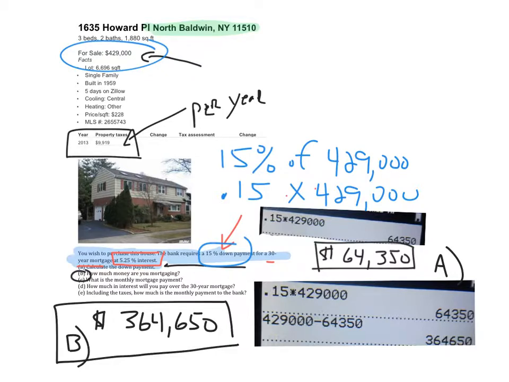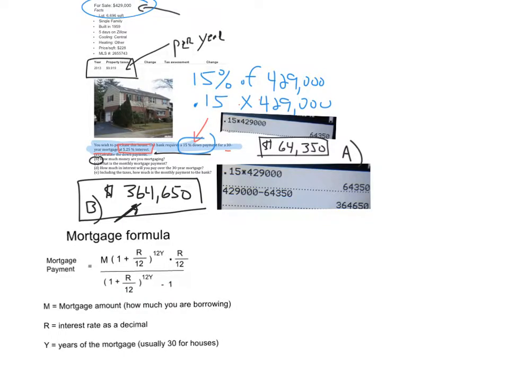Now we're going to use this $364,650 and plug that into our mortgage formula. So here's the mortgage formula. M, how much money we're borrowing, is the $364,650. R is the interest rate as a decimal.